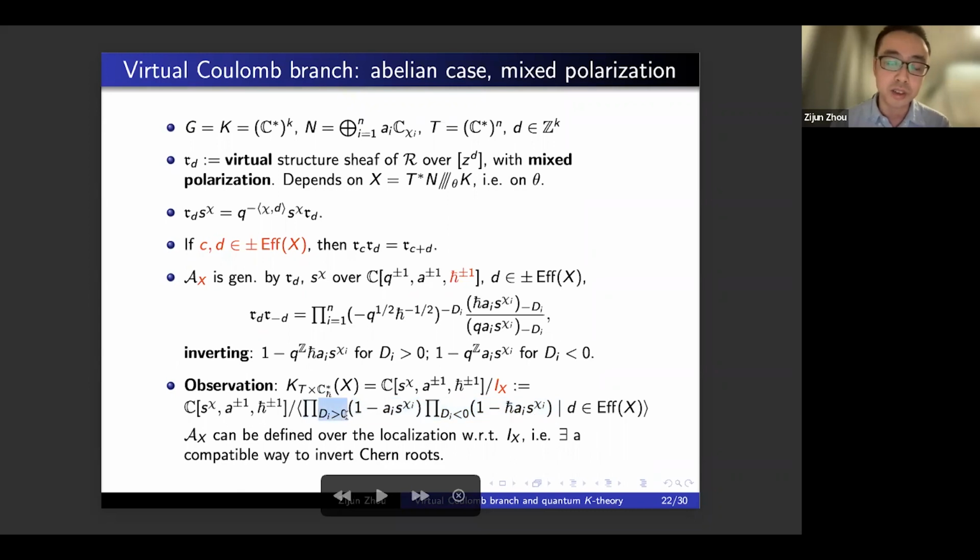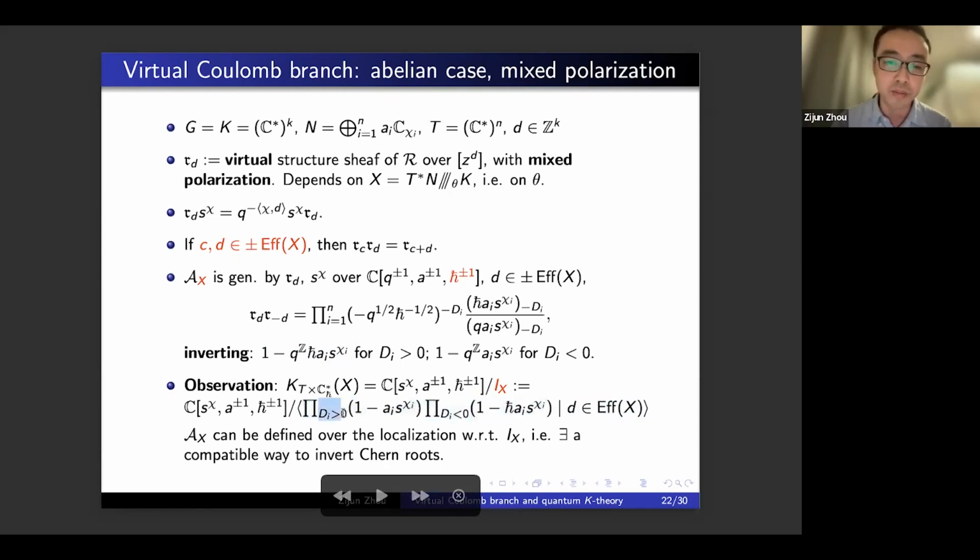These relations are parameterized by the effective curves of X, and according to the signs of this D_i, you put 1 minus a_i or 1 minus h bar a_i. The polynomials you invert in this virtual Coulomb branch with mixed polarization are exactly those which do not appear in this relation.